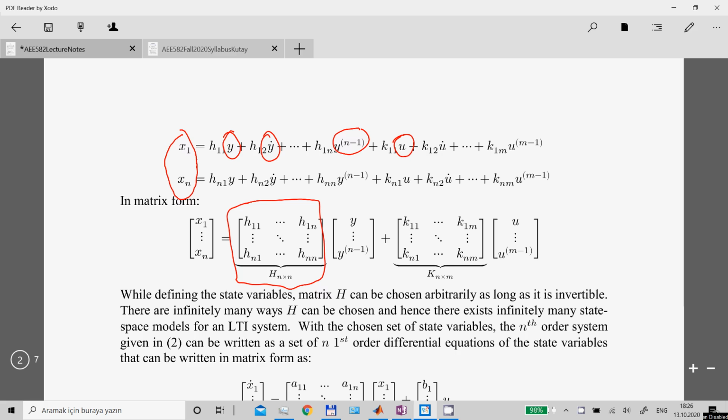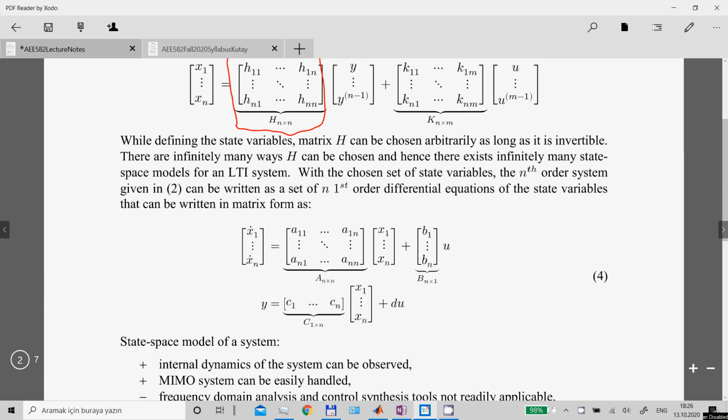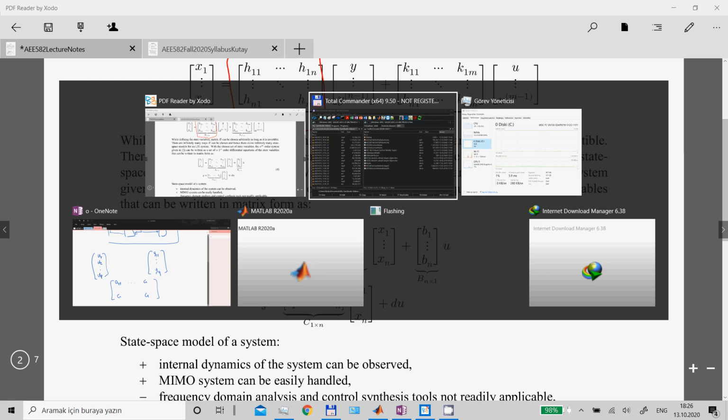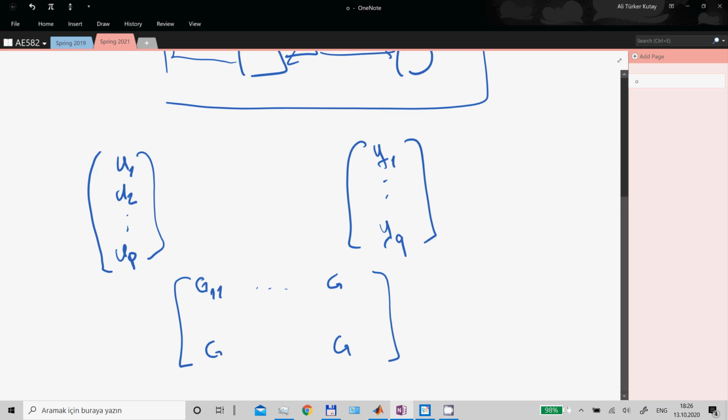The benefit of having a state space model is that once you have these n first order differential equations, you can write them in matrix form. You stack all your state variables into a vector, and the system dynamics can be written as a first order vector differential equation, like this one.